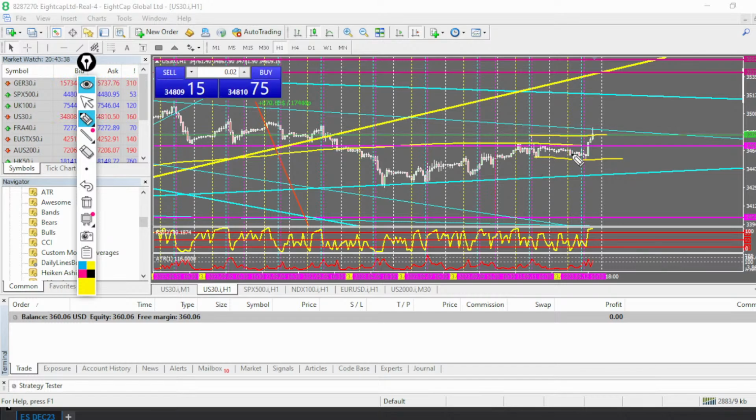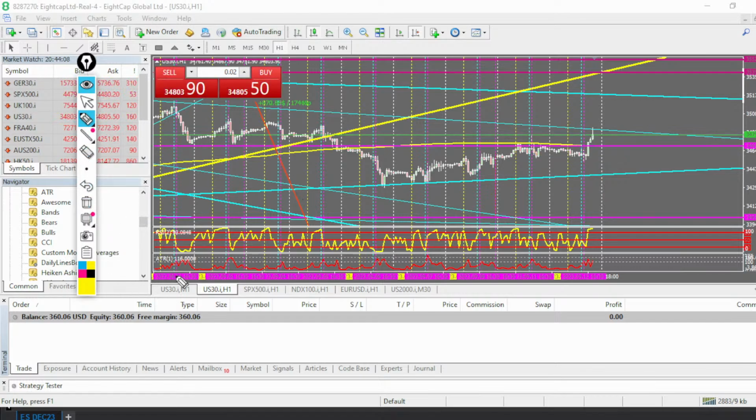We get 1, 2, 3, which is like a flat inside of a flat. And then this is a possibility we get one more down, either this length, or it could extend like this. There's also the possibility that it reverses completely from that level and continues going down, right? Making this an AB base pattern for downside. So that is a possibility.